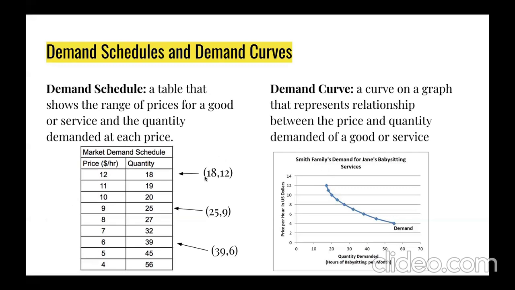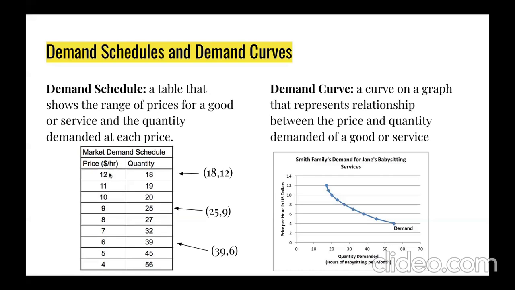So if we think about graphing, like we did in our graphing lecture, this point here, 18, 12, this is going to be this first point here. And you'll notice that I have the numbers swapped here as to what they're reported over here in the demand schedule.